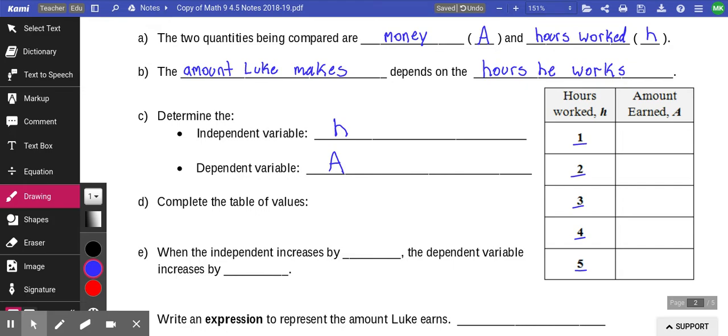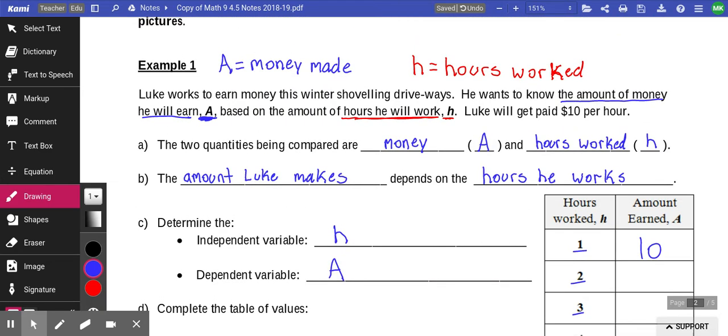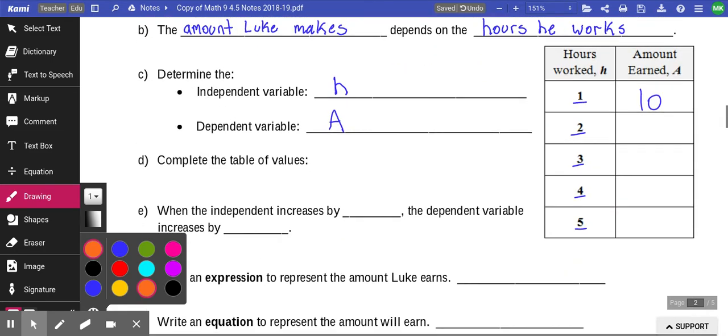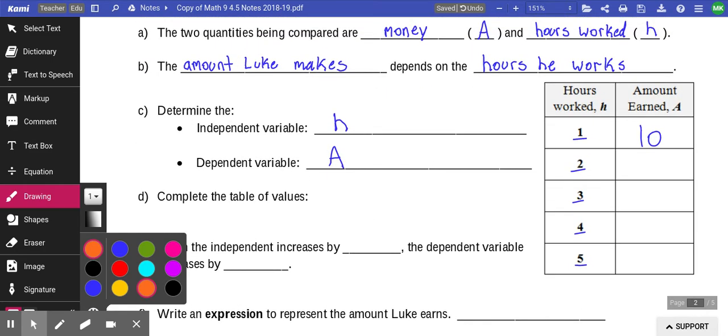So according to this question, if he worked 1 hour, how much money would he make? $10. How'd you get that? Yeah, it says right in the question, Luke will get paid $10 per hour. So if he works 1 hour, he gets $10. If he works 2 hours, he would get $20.